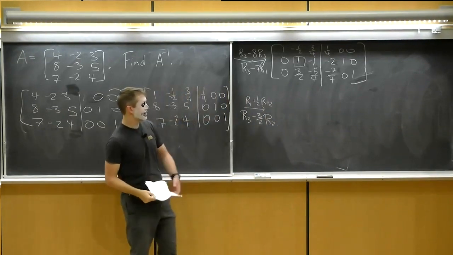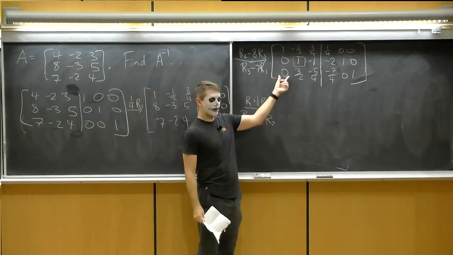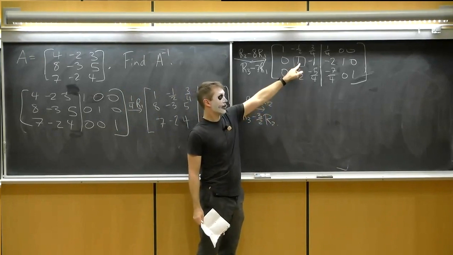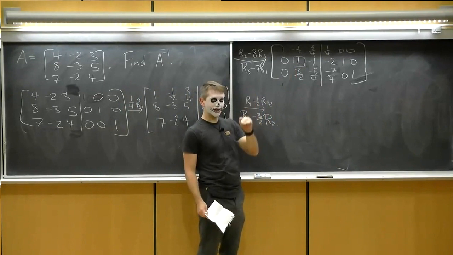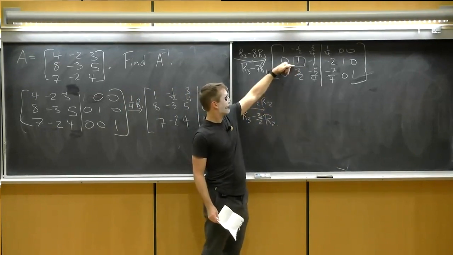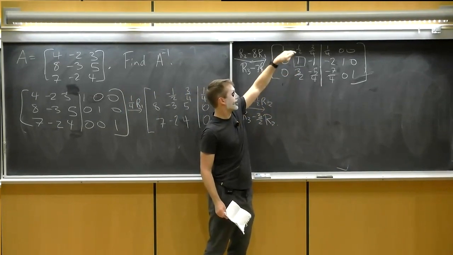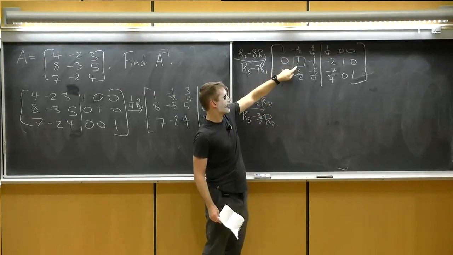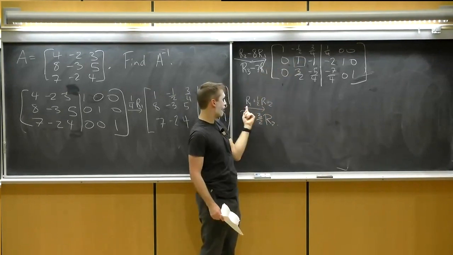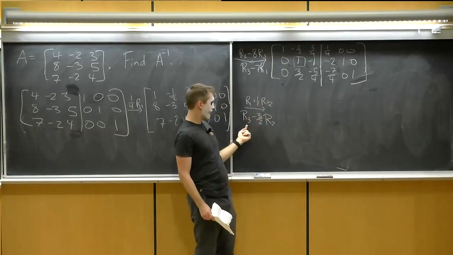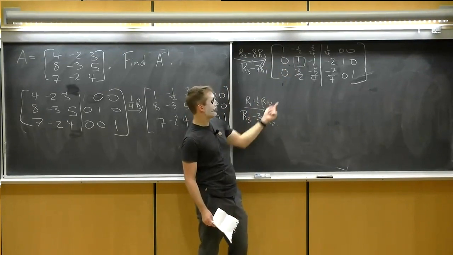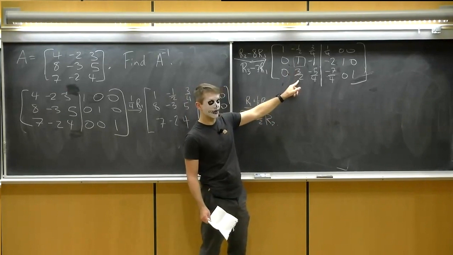Right, because the thing to identify here is that my first row is already good. I've already got a 1 in the right place. So I just need to add and subtract stuff, so I need to add half the second row to the first, so R1 plus half row 2, R3 minus 3 halves row 2, because that'll get rid of my 3 over 2 here.